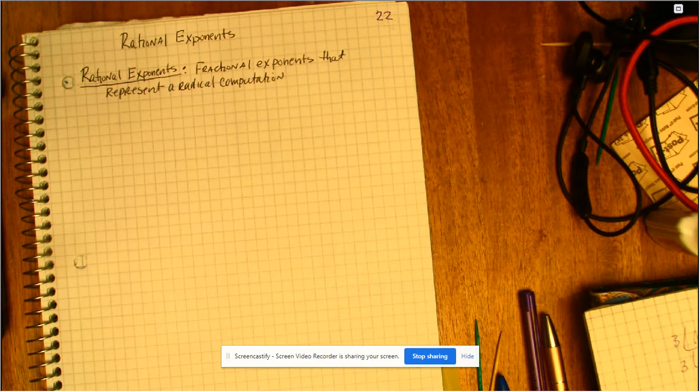In other words, another way to write a radical is, instead of writing it with a radical sign, we can represent it with a fractional exponent.